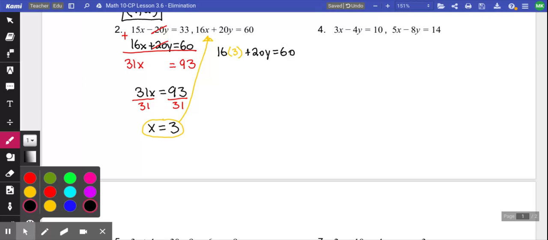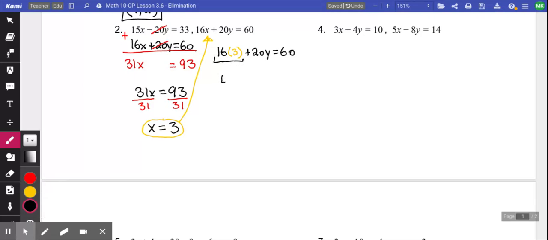If you did another equation, that's fine. After you make the substitution, there's a multiplication that has to happen. 16 times 3 is 48. So 48 plus 20y equals 60.